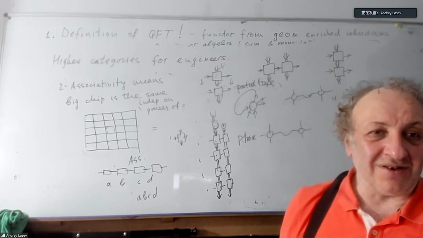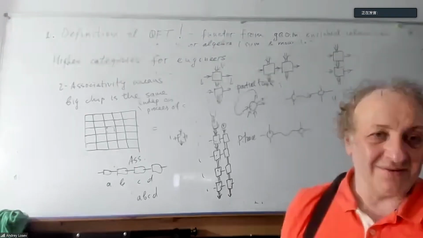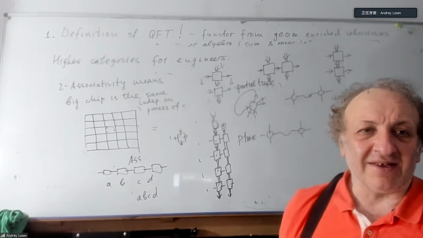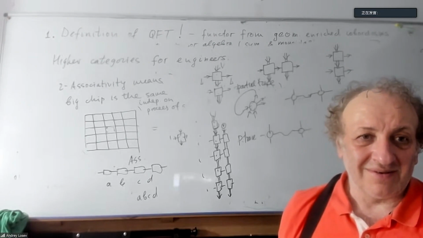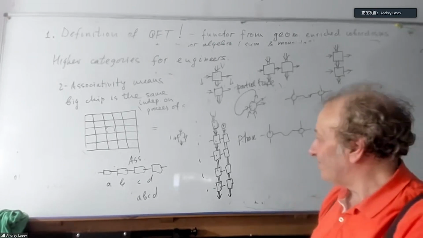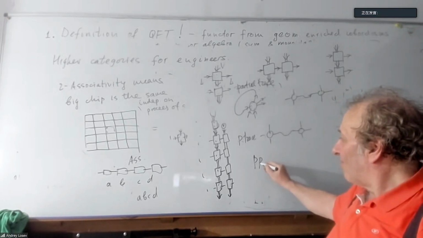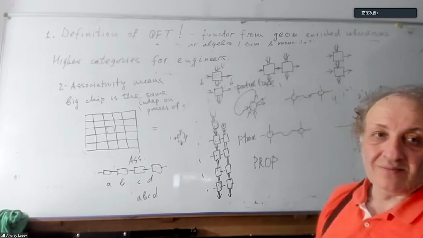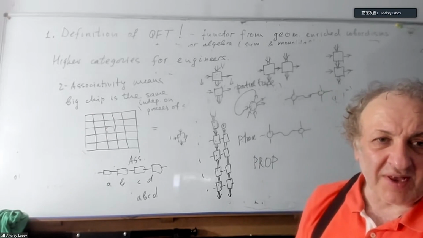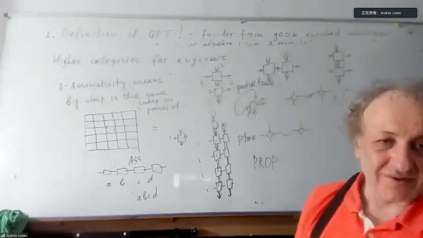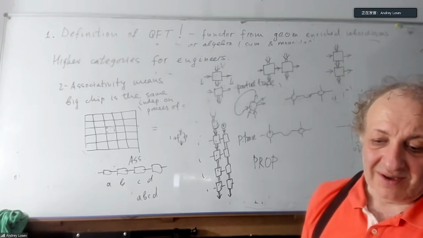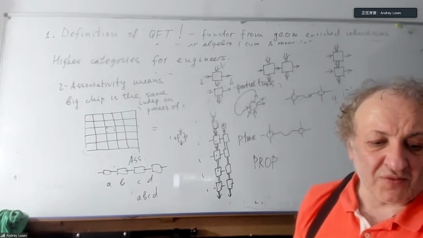So you should imagine it as collection of all chips. By the way, this collection of all chips has a name in mathematics. And its name is prop. So prop is something where you have some number of inputs and some number of outputs. And they are numbered. They could be of different type.